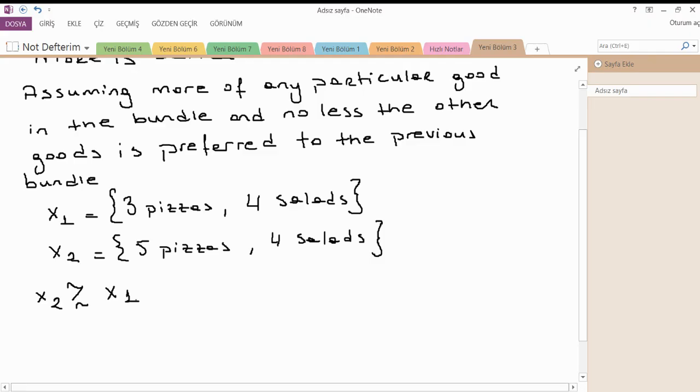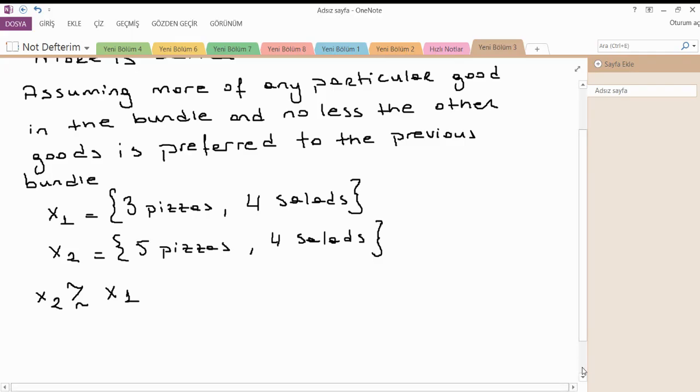More is better assumption requires this. But please do not forget that this is just an assumption, and in real life it's not always true, okay? Why do we use this assumption? Because only with this assumption are we going to be able to use maths, okay? So we need this assumption.